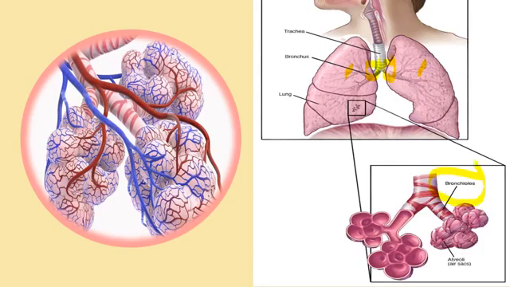Earlier we discussed the bronchioles, which end in a cluster of sacs called the alveoli. This is the picture of the alveoli, where gas exchange occurs between the blood cells and the alveoli.